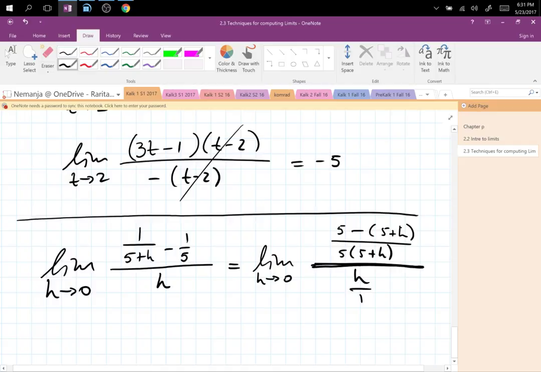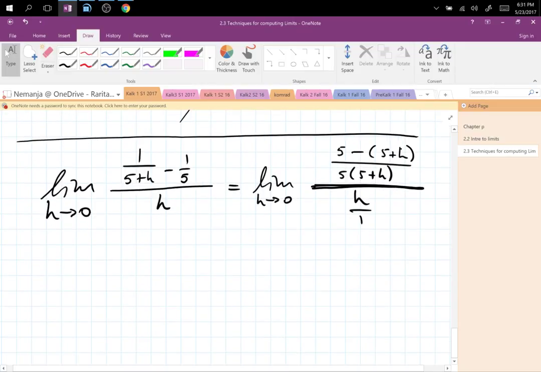If it's going to make you better, you can put h over 1 to see the double fraction better. So what we achieved here is we subtracted the fractions, got the common denominator, and now we simplify.